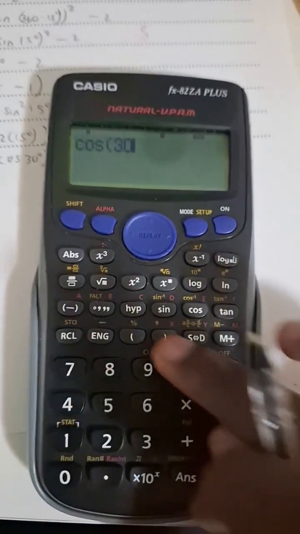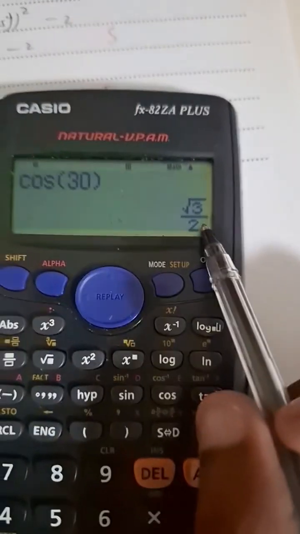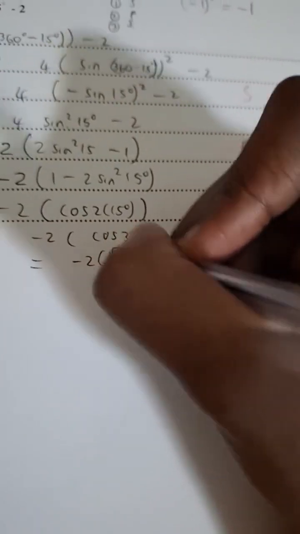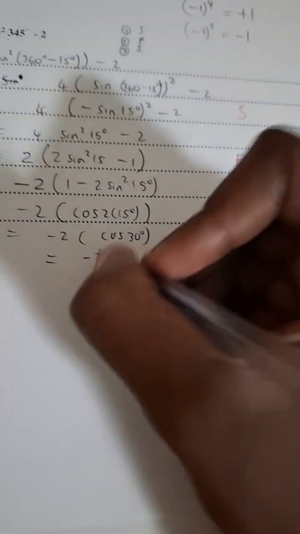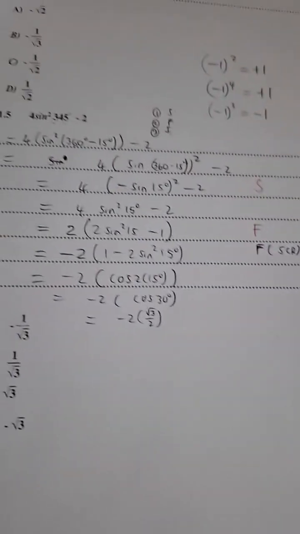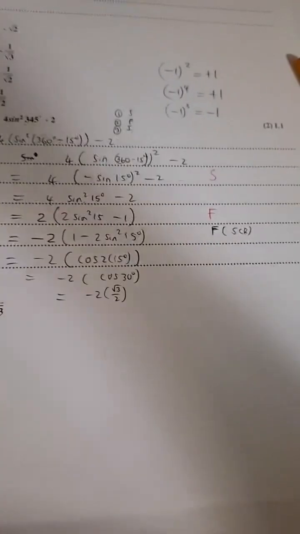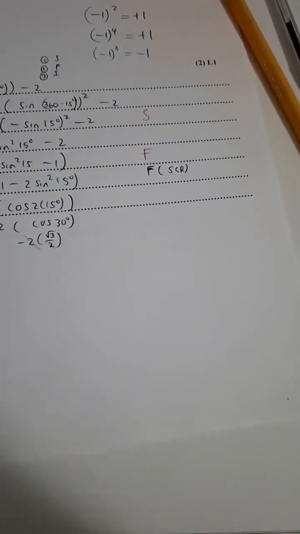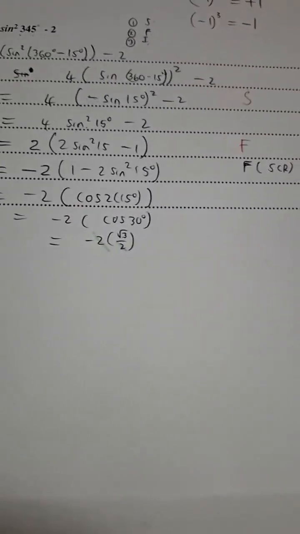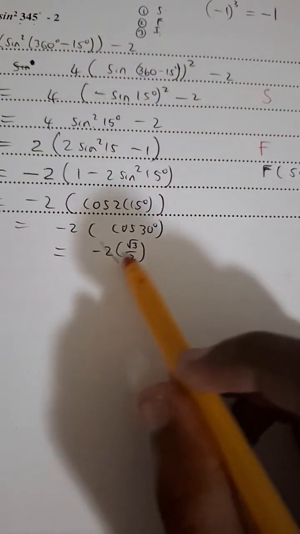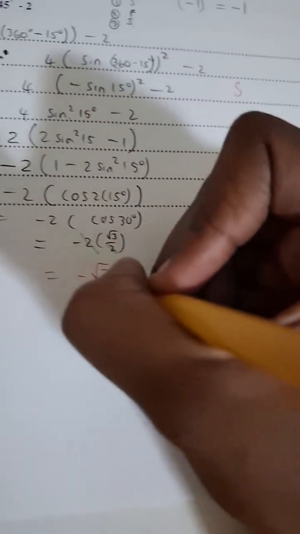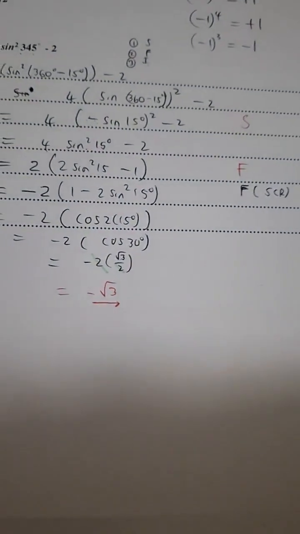Cos of 30 degrees gives me root 3 over 2, because it's a special angle. So negative 2 into root 3 over 2. This 2 and this 2, they cancel. And then I'm left with negative times root 3, which gives me negative root 3 as the answer.